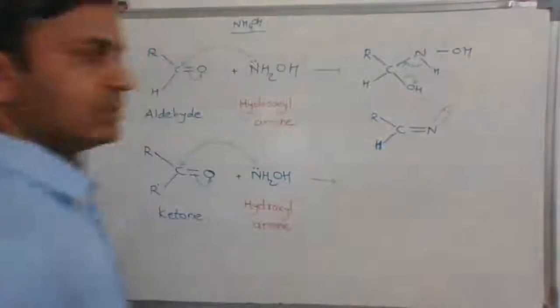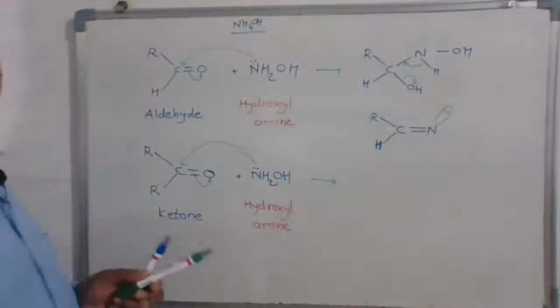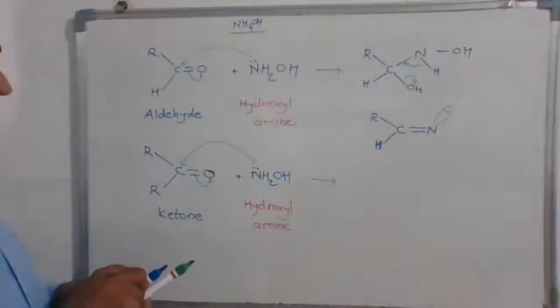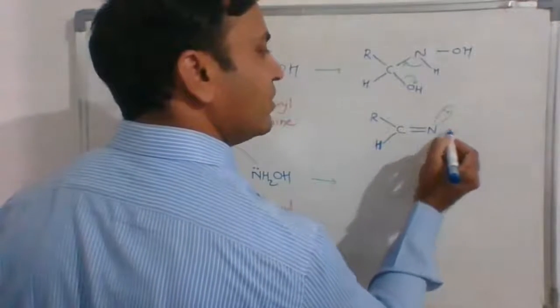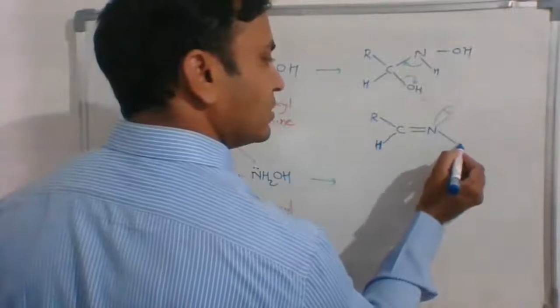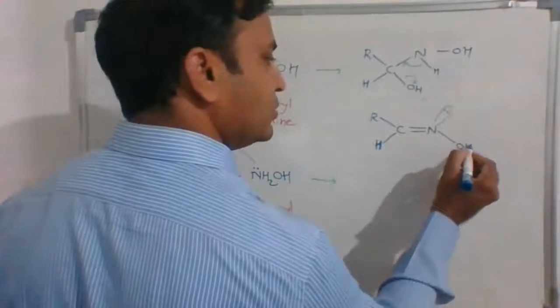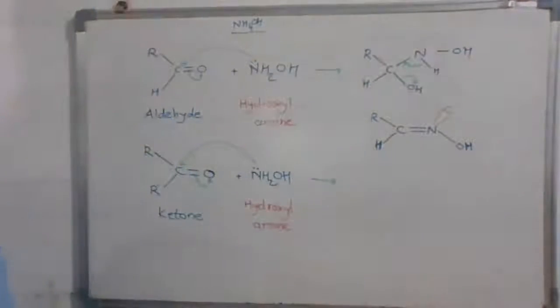The lone pair is in this unhybridized, non-bonded orbital. And because of this lone pair, OH does not remain in a straight line. It acquires such a position. It is repelled to the opposite side of the lone pair.